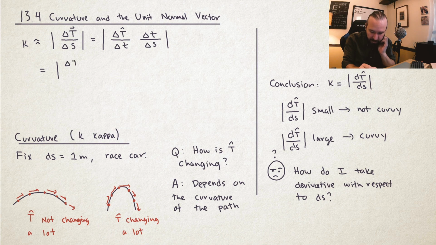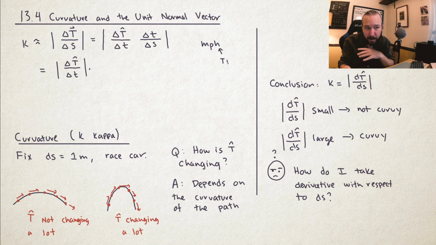So here I'm going to get the magnitude of delta big T over delta little t times, now this is strange. Remember, I'm going to try to take the limit as delta t goes to 0, and it doesn't really make sense to me to have the delta t's on the top. When you calculate a rate of change with respect to time, it's always like miles per hour, right?